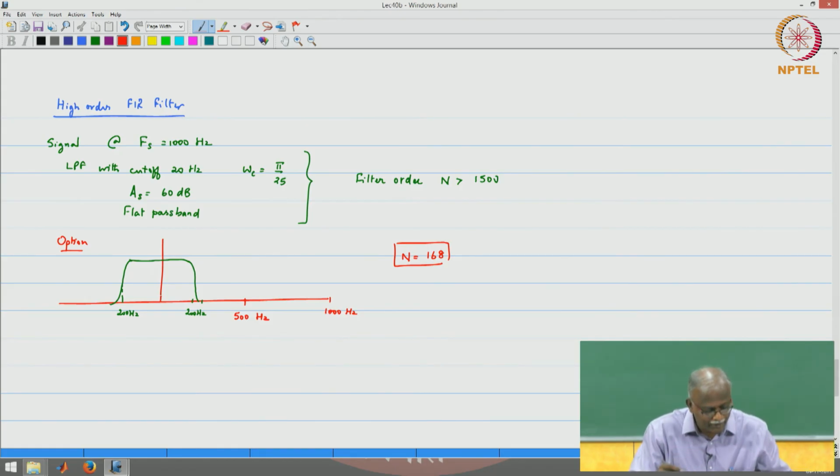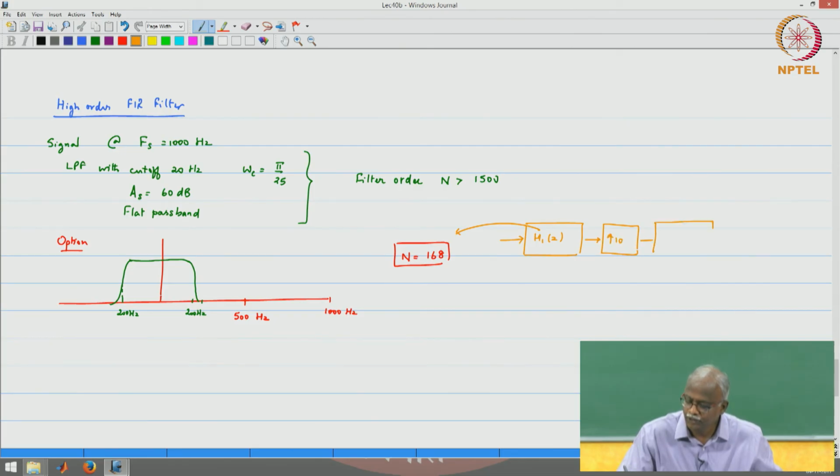So effectively the strategy that we had was that you will design this filter H1 of Z, which corresponds to this 168 tap, and then you would follow it up with an upsampling by a factor of 10, and then you would have another filter which will remove the images. When you upsample by a factor of 10, this is the one that removes the unwanted images. Okay.